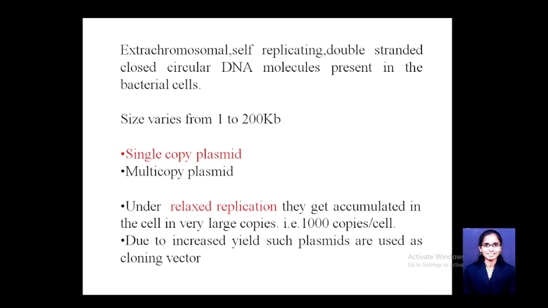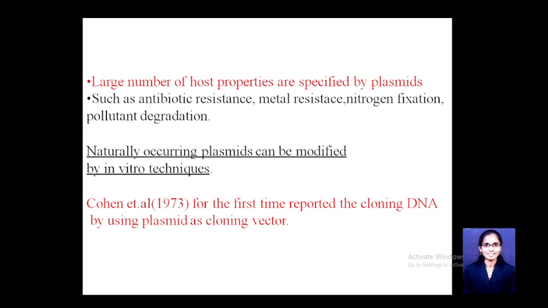In certain bacteria you will observe only a single-copy plasmid, but in several bacteria you can identify at least 2 to 5 or more, that is a multi-copy plasmid. And in the relaxed replication mode, it can easily synthesize 1,000 copies per cell. So this is the best choice to be used as a cloning vector.